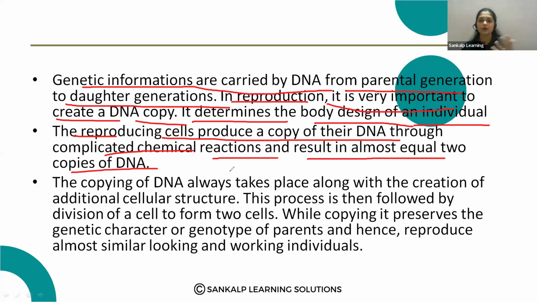The copying of the DNA always takes place along with the creation of additional cellular structure, and this process is followed by the division of the cell to form two cells. So when copying, it preserves the genetic character of the parents and hence reproduces almost similar looking and working individuals. So they are almost similar to the parents, but there may be small changes that may cause variation.